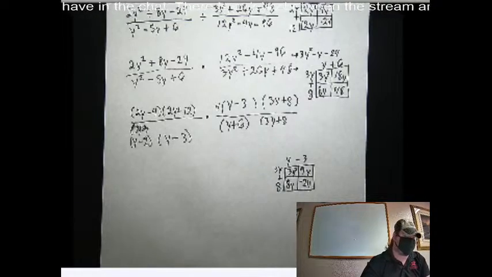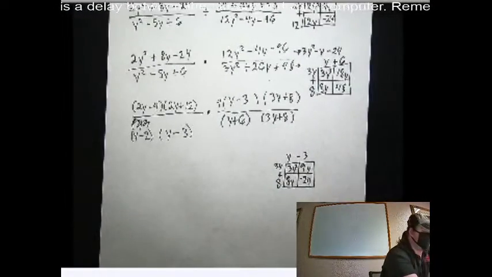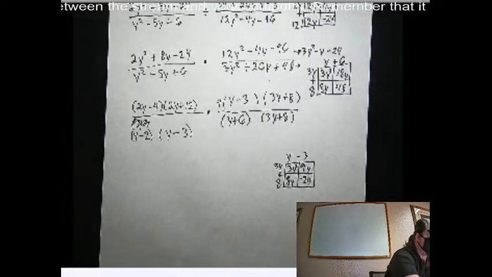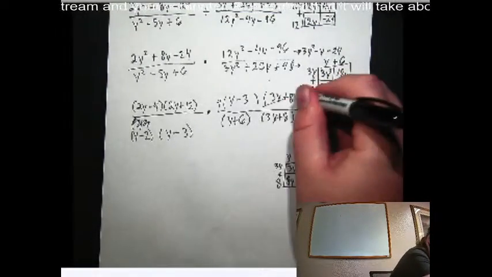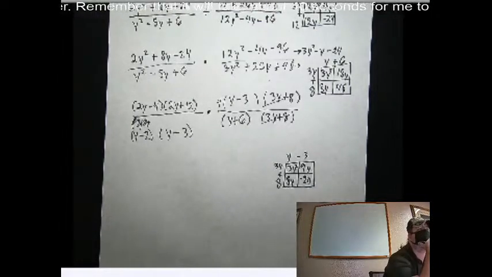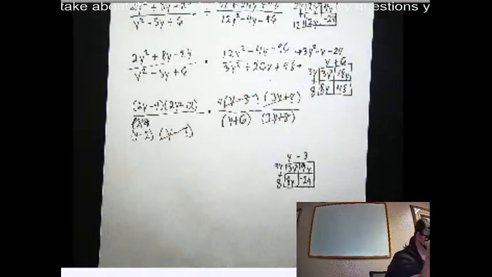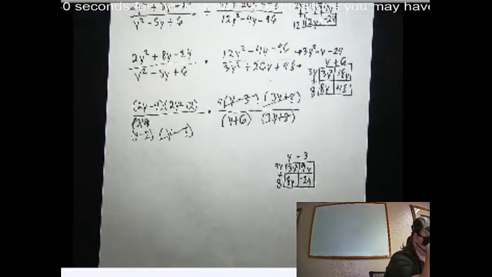Do we see any common factors? 3y plus 8 for sure. You can cross those out. Anywhere else? y minus 3, cross those out. I'm not seeing any others.